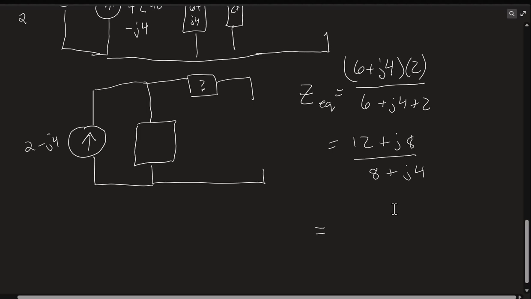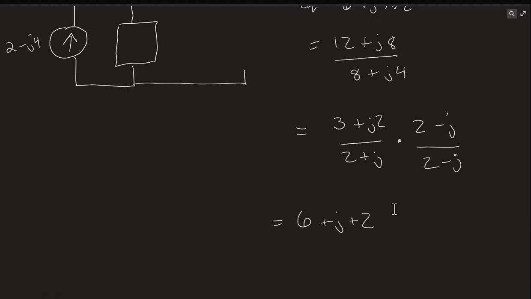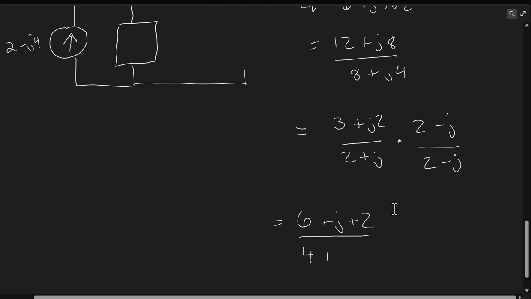And then I see that everything here is divisible by 4. Normally I'm lazy and just use a calculator, but this one is easy enough for me to do. So I will multiply by the conjugate, and I get 6 minus 3j plus 4j is plus j, minus 2j squared is plus 2, over 4 plus 1.